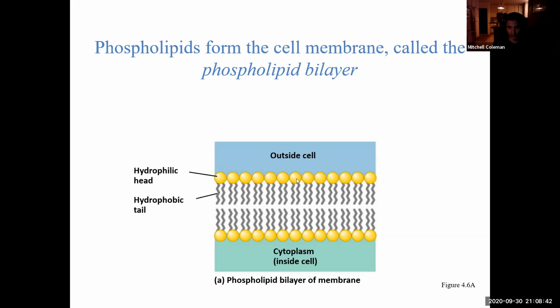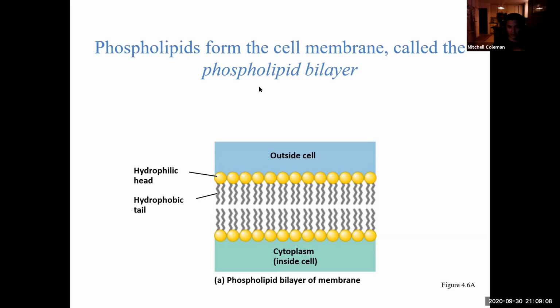Here is the triglyceride component of a lipid, and then these long fatty acid tails. Each of these individually is a fatty acid, a phospholipid. There are 2 layers of phospholipids here, this top layer and this bottom layer.